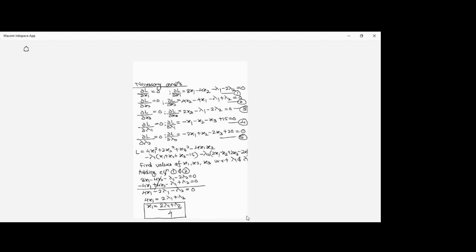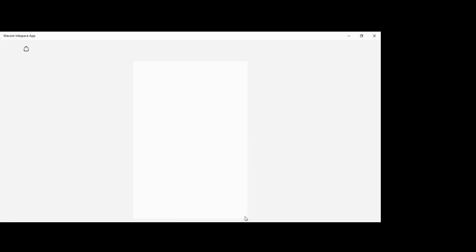Now, we have got x1 right here. So can we find the value of x2 as well? x1 I have found, and if I put the value of x1 in equation number 1, I can get the value of x2 in terms of lambda 1 and lambda 2, right? So let's do this: putting the value of x1 in equation 1.